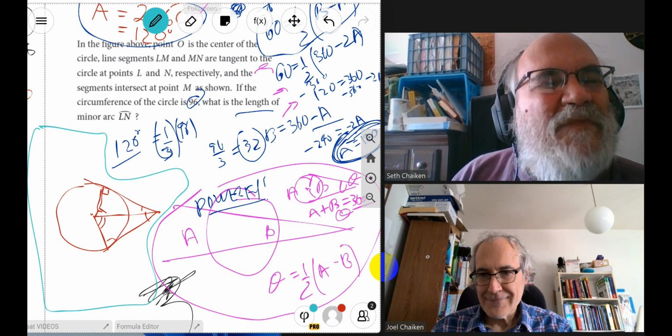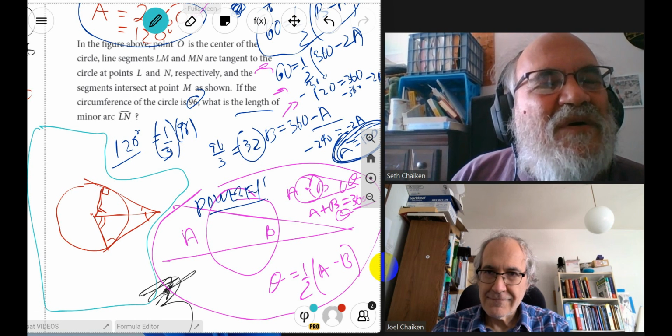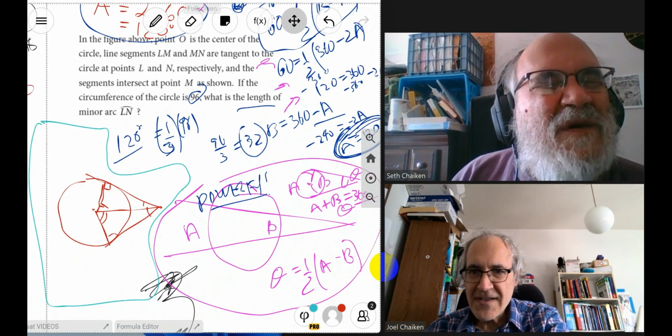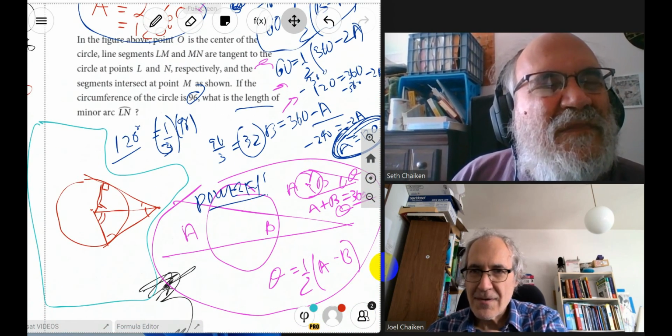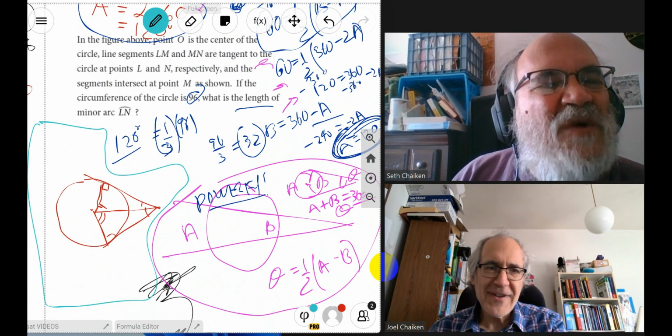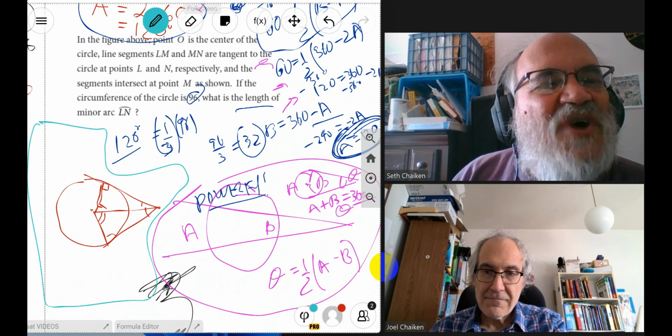And so the total angle, well, let's see, why does it prove that? Seth, each one is 30. No, in general, I want to show that this angle is twice this angle.